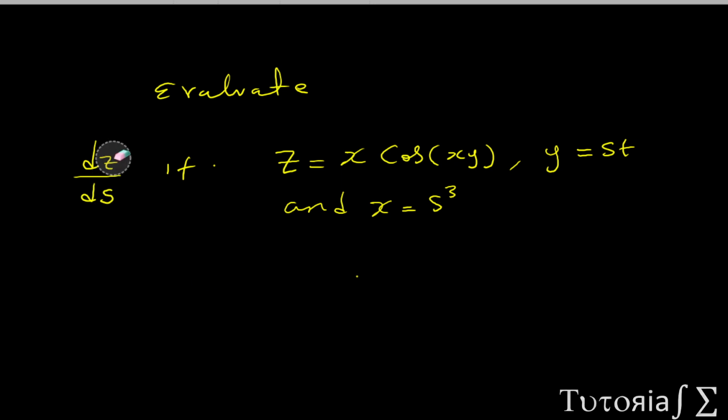Again, you are looking for z with respect to s, but when you look at the function z here, there is no s. So you need to create the chain rule, then you evaluate these derivatives. For now, I just want to see how you evaluate the derivatives, and we'll see how we get it from there.